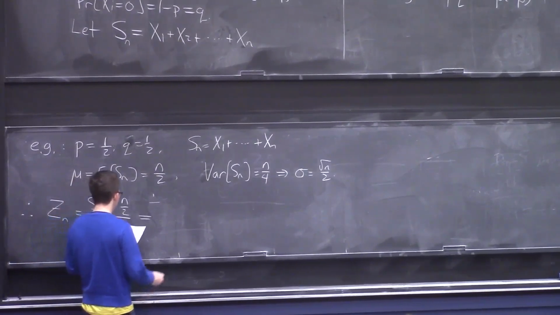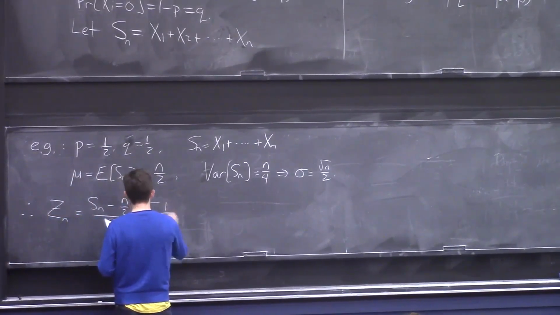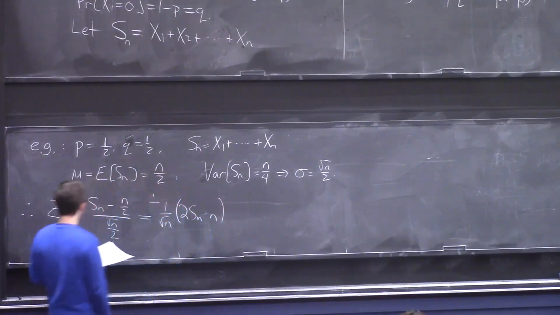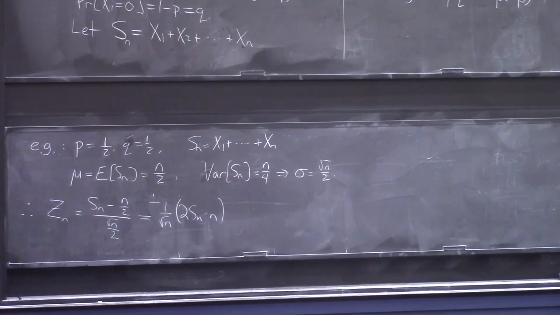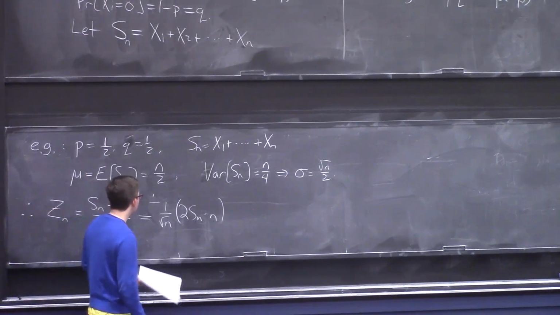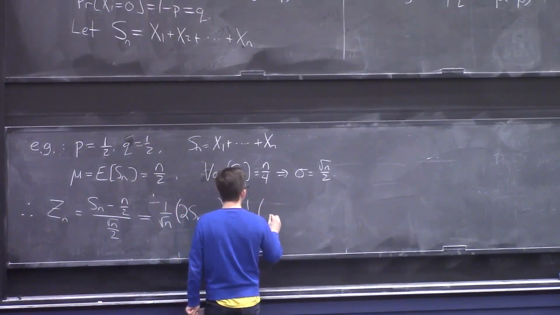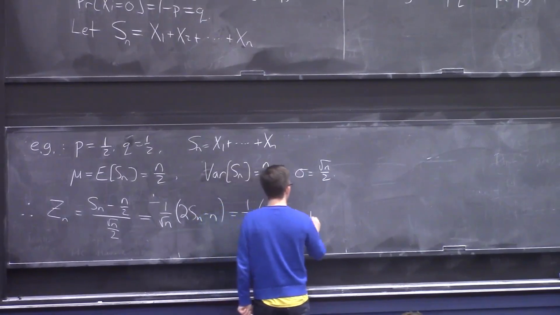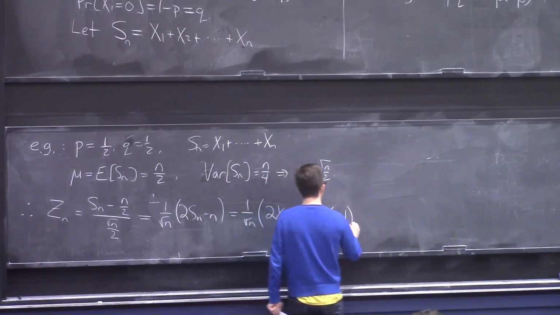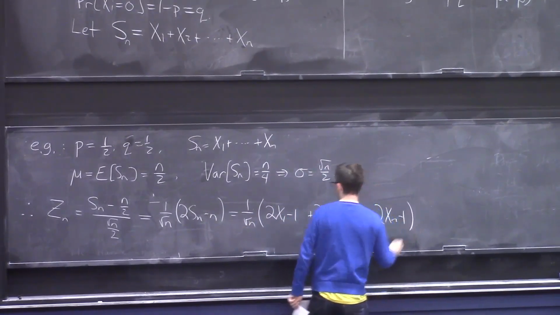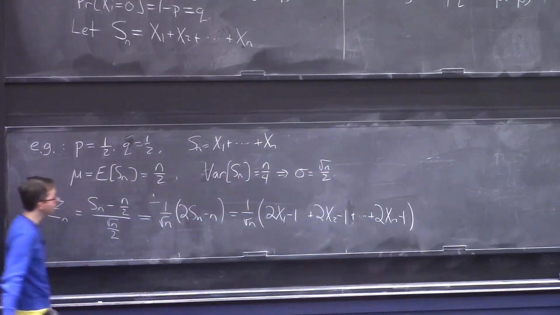Let me multiply top and bottom by 2 and factor out 1 over root n. So I get 2 Sn minus n. Did I do that right? Yeah. And this is, let me write it like this: 2x1 minus 1 plus 2x2 minus 1, plus dot dot dot, plus 2xn minus 1. Okay, that's sort of a funny way of writing this expression.